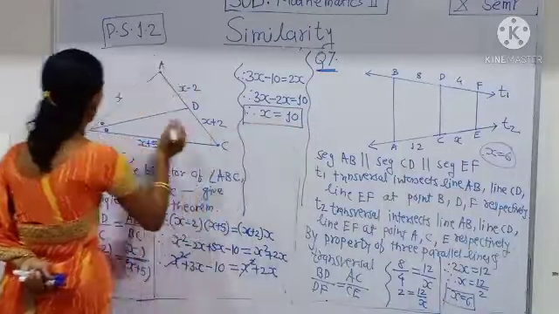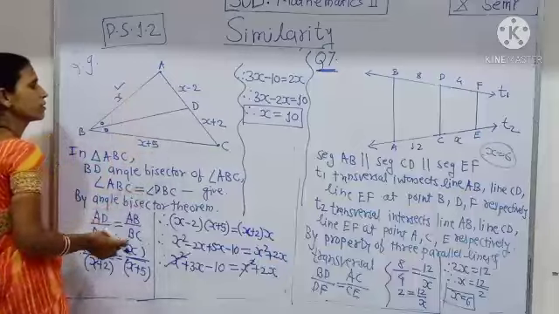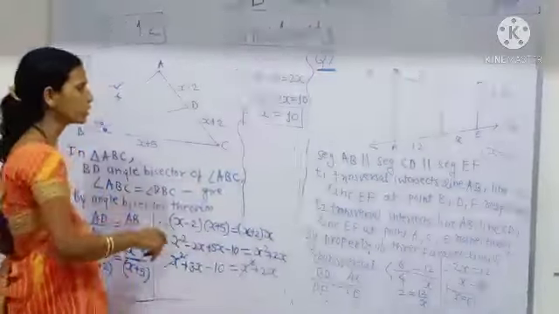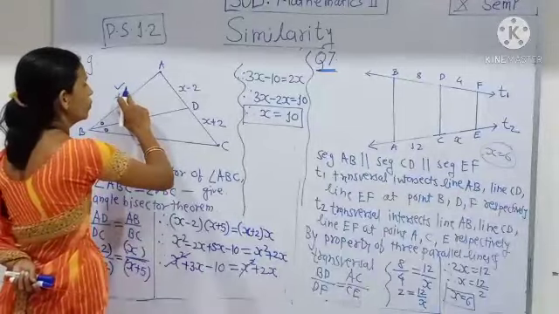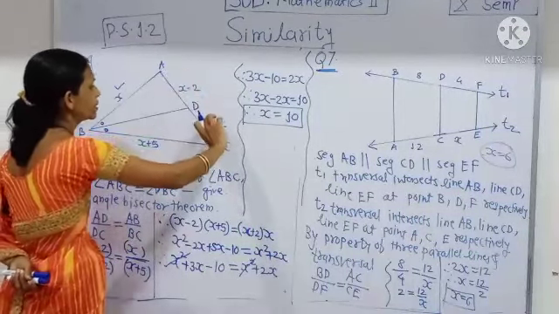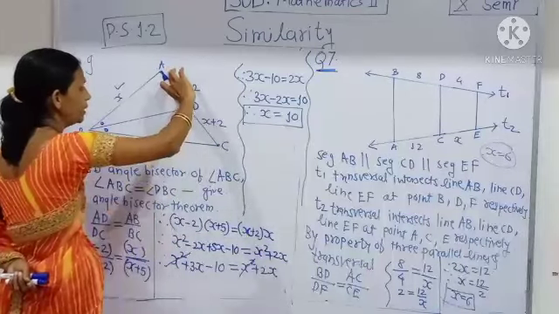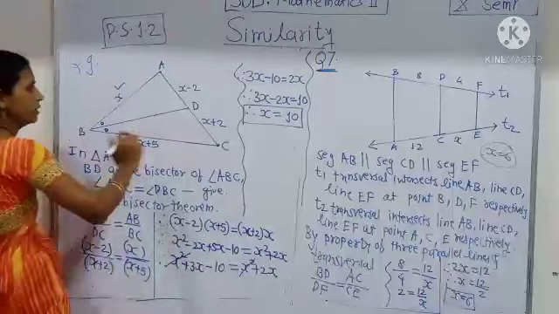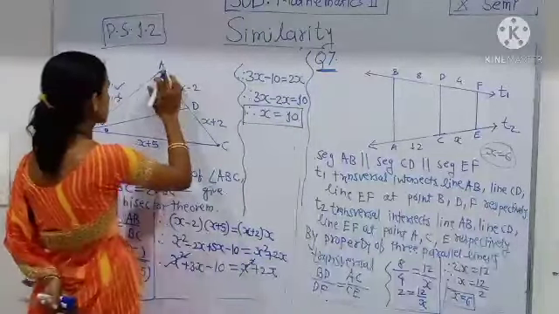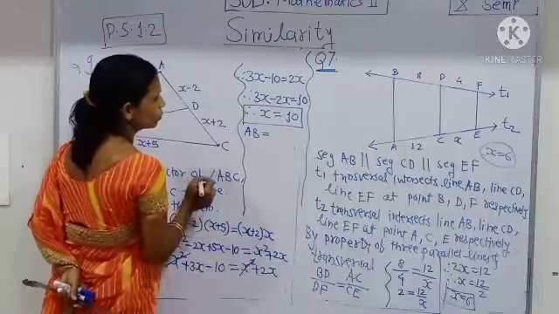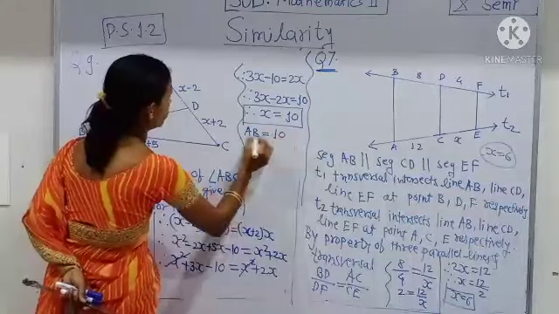Then here, value of x is obtained here, but we have to find out the values of, that is lengths of all line segments, that is AD, DC, BC and AB. Therefore here x, that is the length of AB, therefore AB is equals to 10 units.